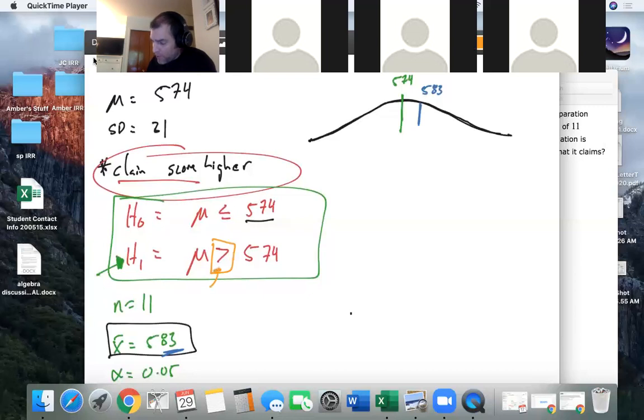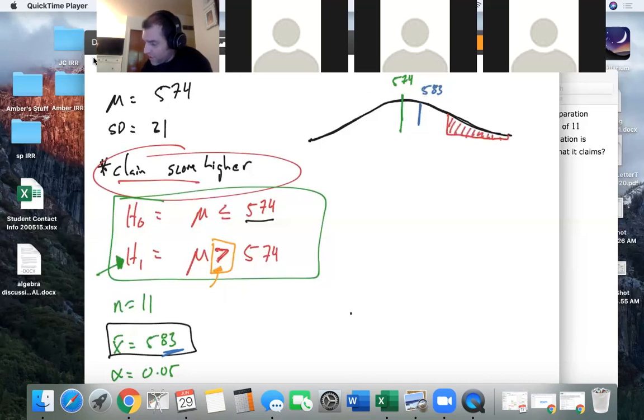We would know a little bit more if this was not equals, then that's a 2-tailed test. Or if it was less than, that's also a 1-tailed test, but it's testing the other side of the distribution. So right now, since we're doing the greater than, we're testing this side of the distribution.